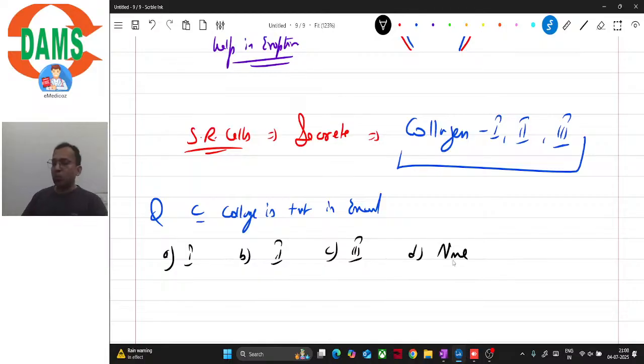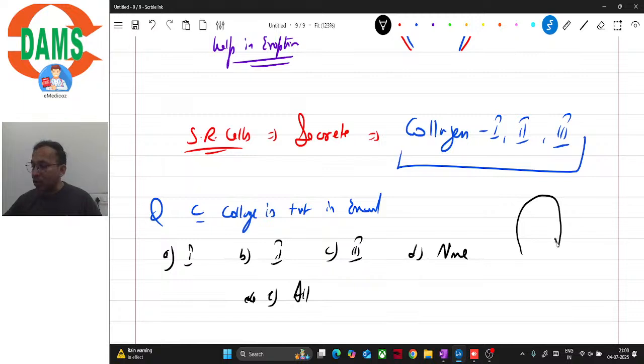So you might be tempted to mark, there might be another option, all. So you might be tempted to mark option E, that is all, right? All the three types of collagen are present since they are secreted by stellate reticulum. But remember that this stellate reticulum is a part of enamel organ. It is not a part of the enamel which is forming here.